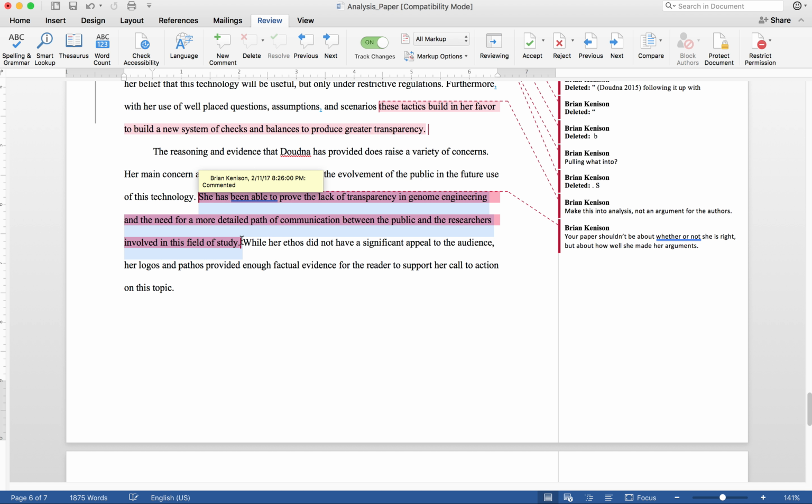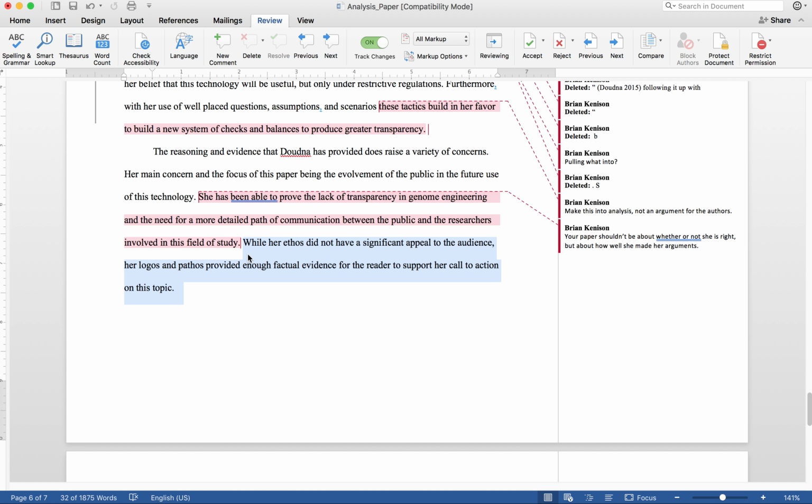Again, we have this sentence that seems to show that the author is correct rather than an analysis of how well the author does. And this last sentence is pretty good. While her ethos did not have a significant appeal to the audience, her logos and pathos provided enough factual evidence for the reader to support her call to action on this topic.